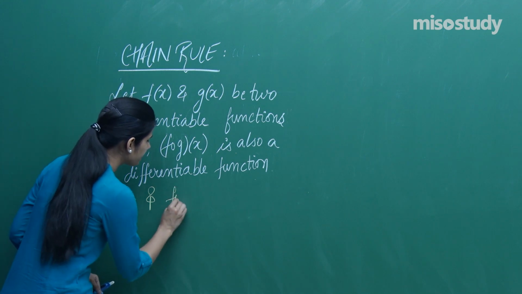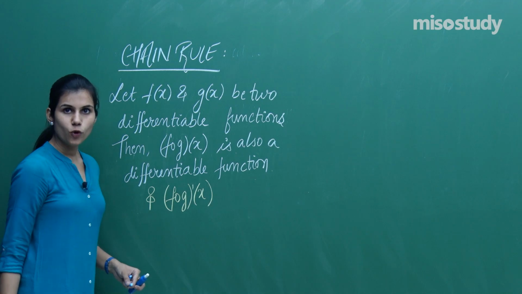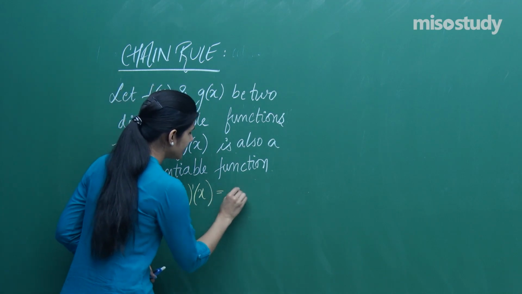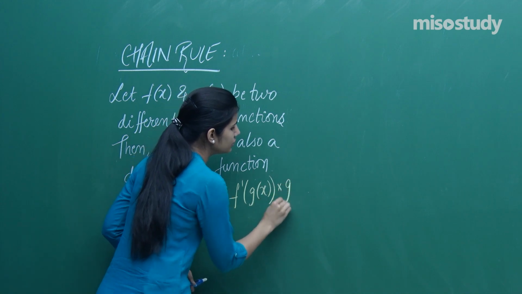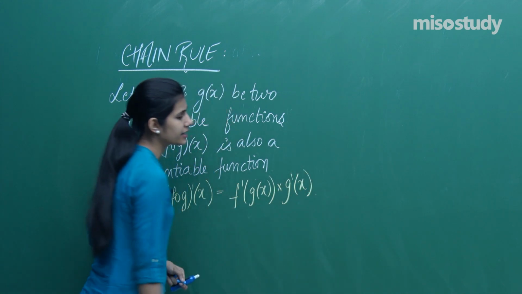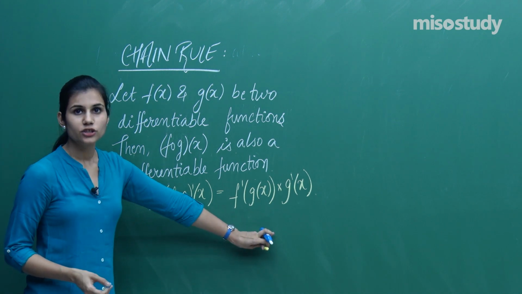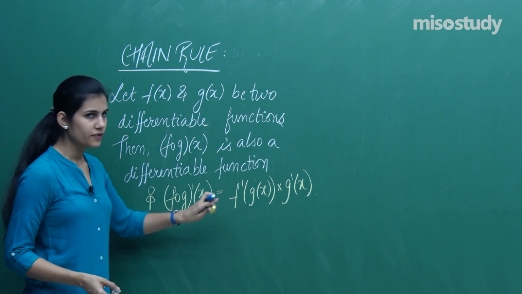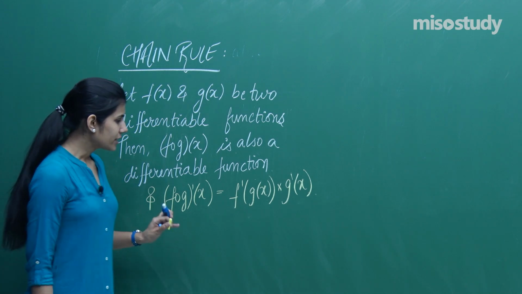So it says (f∘g) dash x is equal to f dash g(x) into g dash x. Yes. This is the formula to compute (f∘g) dash of x for every x in the domain of f∘g. Fine. Now what is this trying to say?